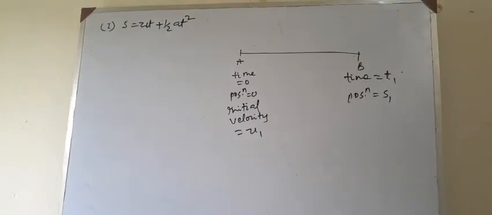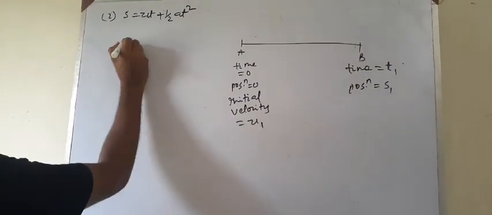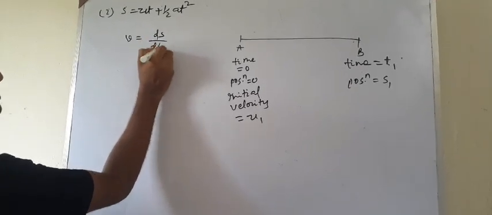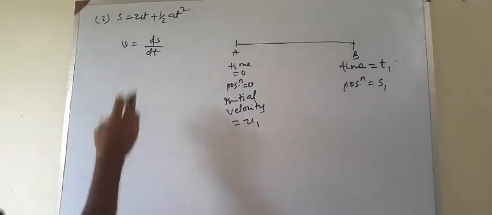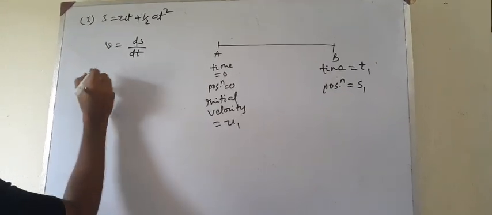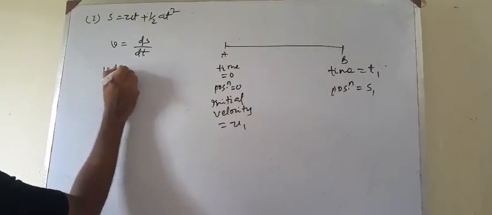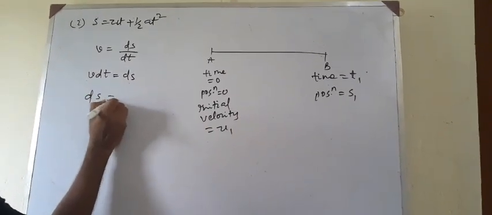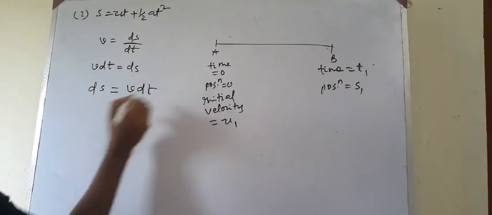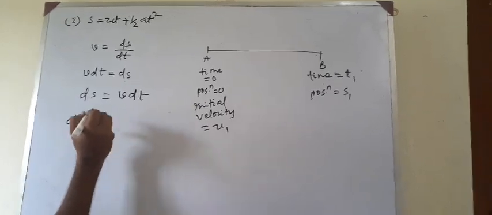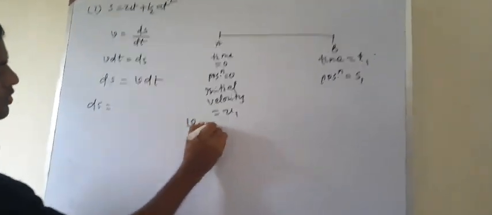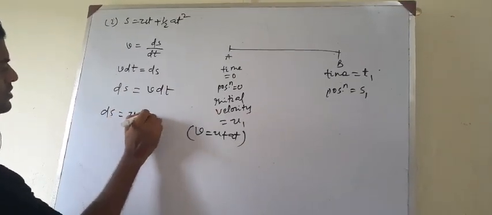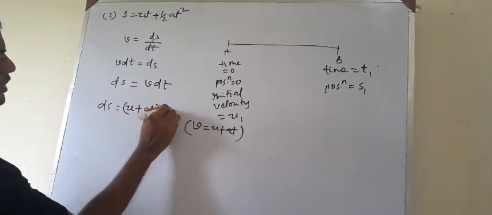Now instantaneous velocity is given as ds by dt. I know this: instantaneous velocity is v equal to ds by dt. Now v dt equal to ds, so taking this to the left, ds equal to v dt. But already I have found in my previous equation v equal to u plus at, so I am using it here: u plus at into dt.